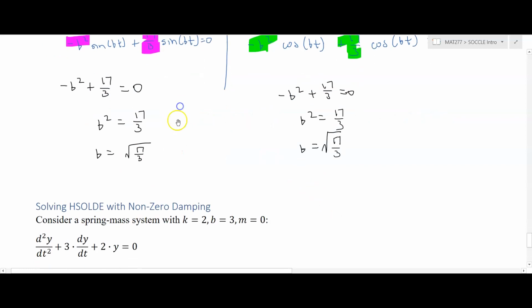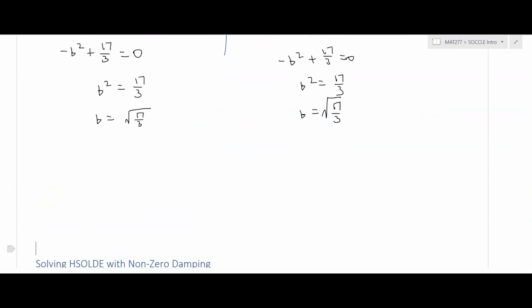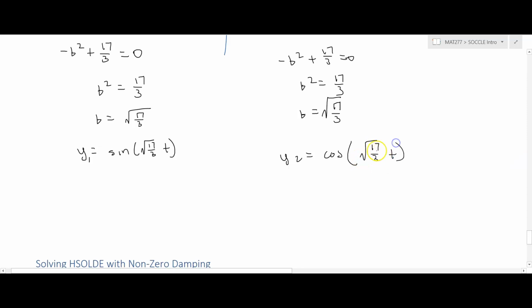So that gives me two solutions: y1 equals sine of the square root of 17 over 3 t, and y2 equals cosine of the square root of 17 over 3 t. And of course, by superposition, we want to take any multiple of the first function plus any multiple of the second function.